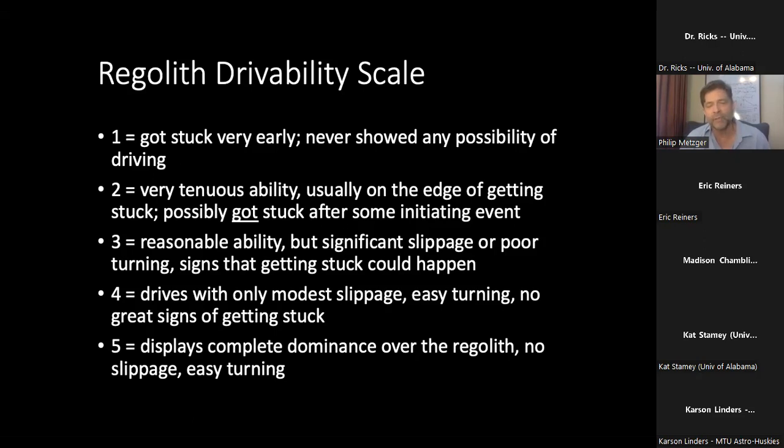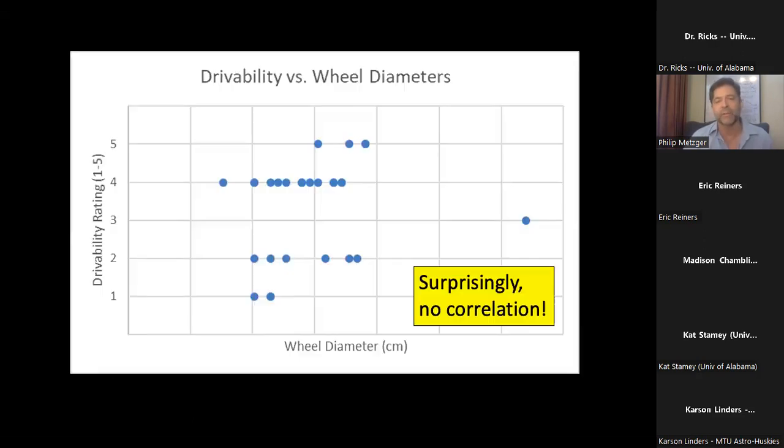Number 4 means it drives with only modest wheel slippage, easy turning, no great signs of getting stuck. And a number 5 means the vehicle displays complete dominance over the regolith, no slippage, easy turning, the robot owns the soil. So it's a qualitative scale, but when you are in the arena looking at 50 robots day after day, it's pretty easy to give them a rating 1 through 5 like this.